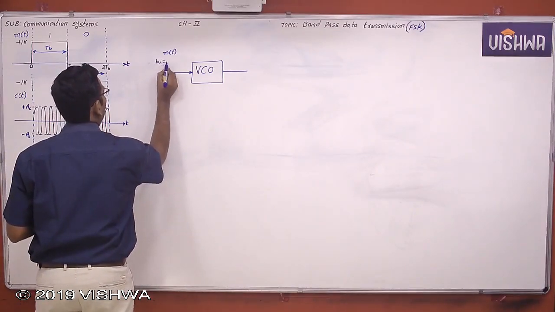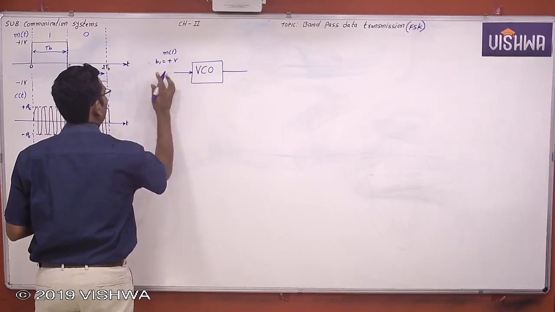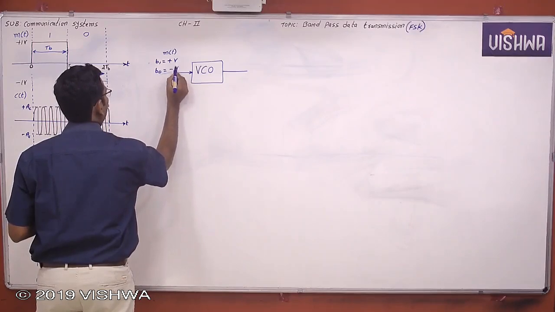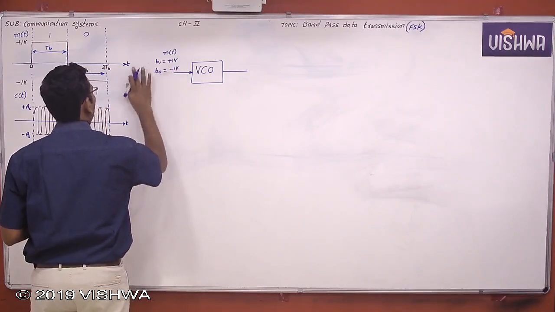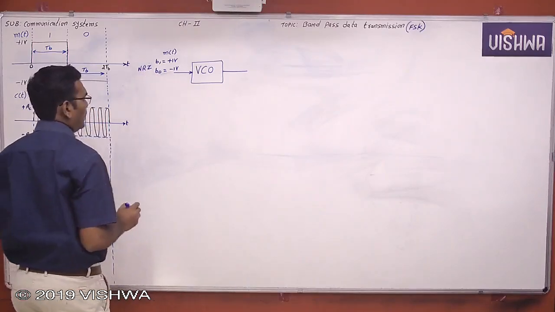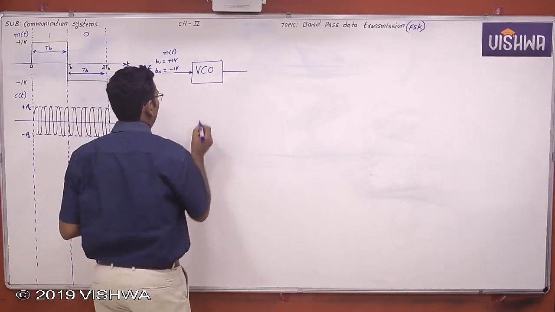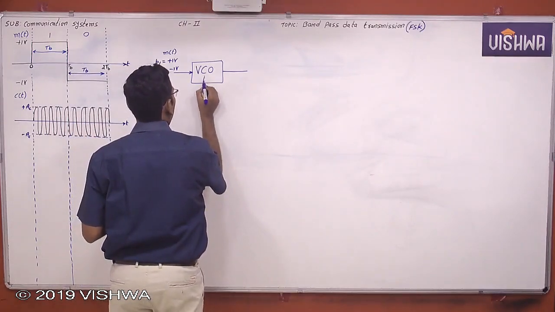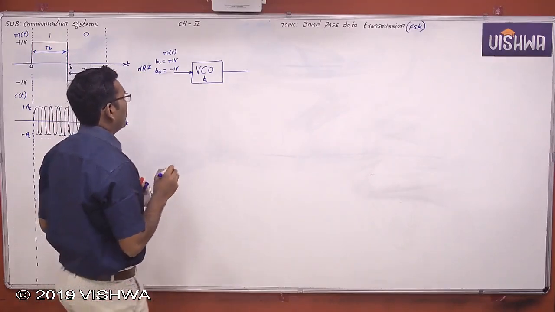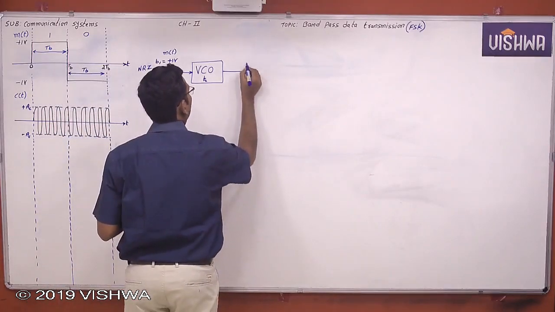Binary 1 is a positive voltage, binary 0 is a negative voltage. For convenience, this is plus 1 volt, minus 1 volt. This is non-return to zero signaling. Now the VCO internally generates one frequency called Fc.